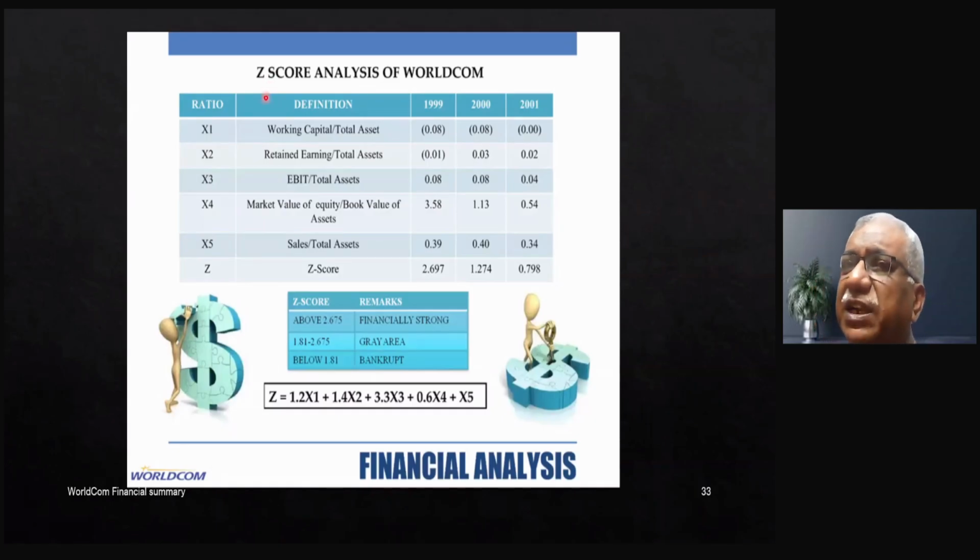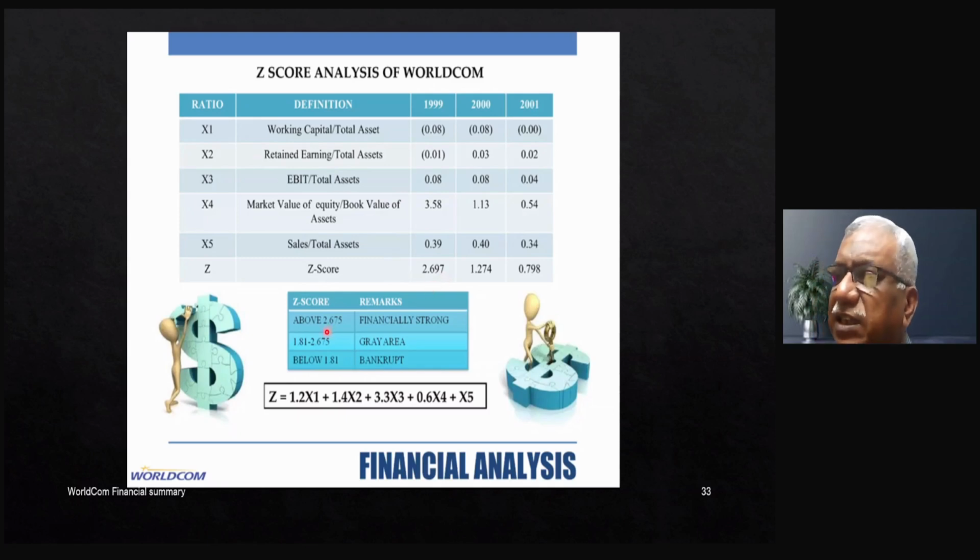In the Altman Z score, remember we had 5 parameters. If you remember, working capital, total assets, from one of the earlier slides. You apply this formula to all these X1s, X2s, X3s, and you end up with a number.